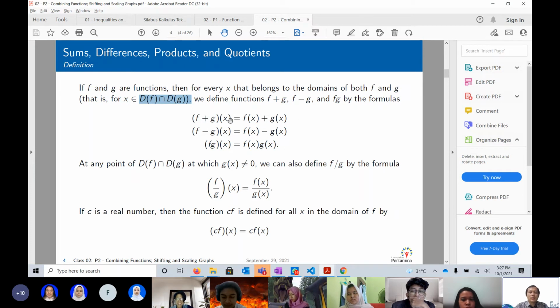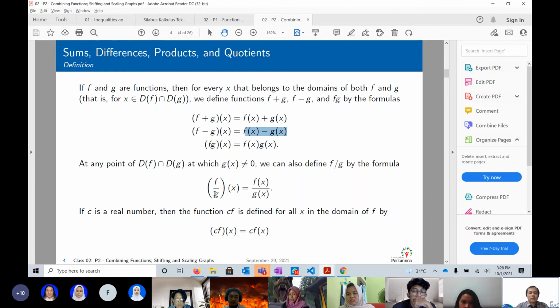Basically, on the left-hand side of the equality we sum the functions, but on the right-hand side we sum the values of the functions. And for the second one, on the left we take the difference of the functions, and on the right we take the difference of the values of each function, and so on.